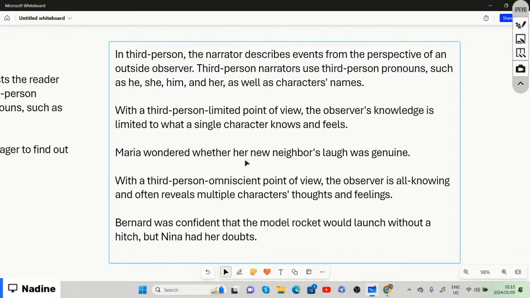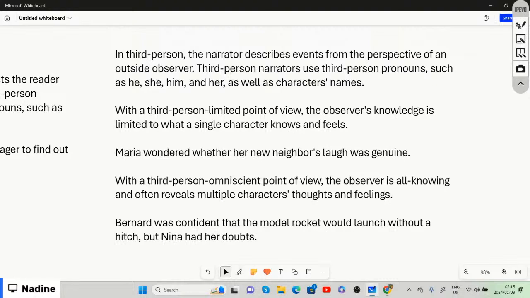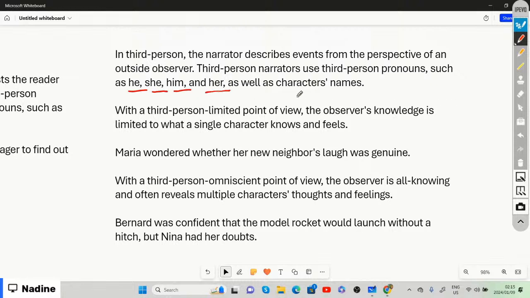And third person narrators use third person pronouns such as he, she, him, and her. They even use characters' names, right, within the third person.